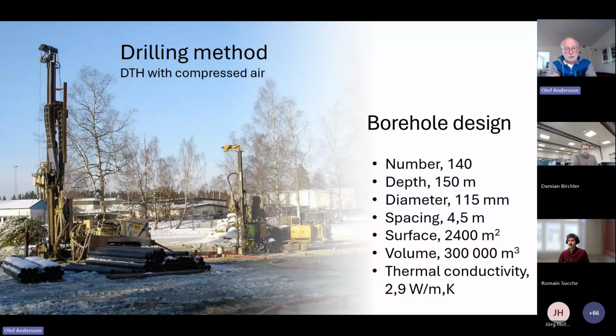The diameter 115 millimeter. And we cover a surface of 2,400 square meter with a square shape also. And the volume is a little bit more than 300 cubic meters of active rock volume. And the thermal conductivity in the rock is 2.9 watt per meter Kelvin.